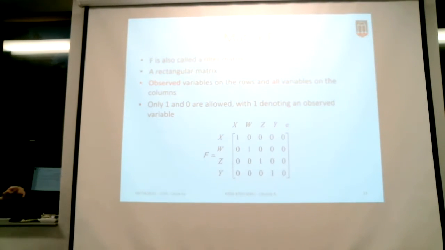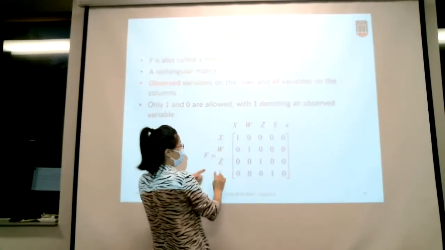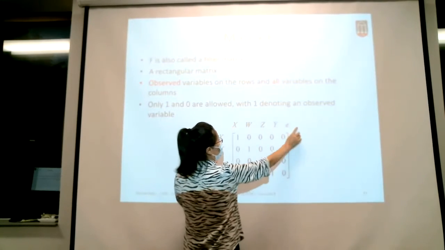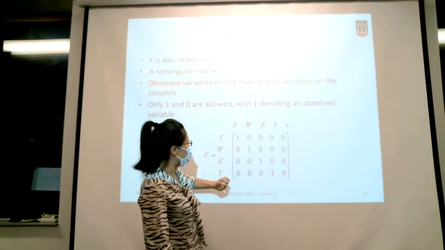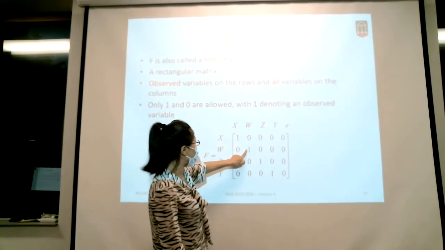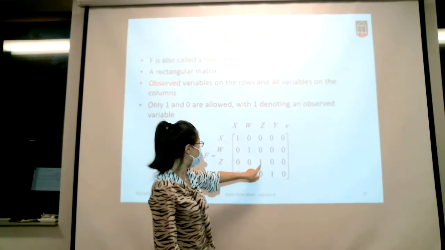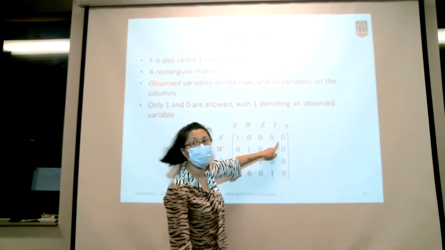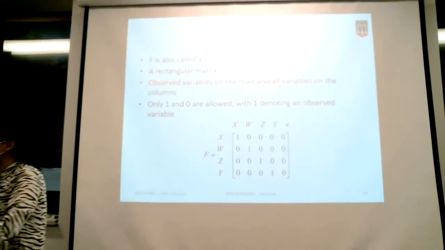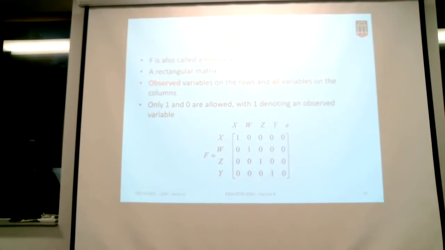We have observed variables on rows, all variables on columns, and 1 and 0 inside this matrix. X is observed, W is observed, Z is observed, Y is observed, but these are all 0, 0, 0 because E is not an observed variable. Okay, that's our F.